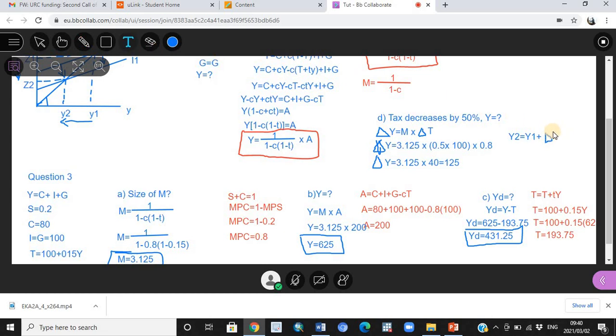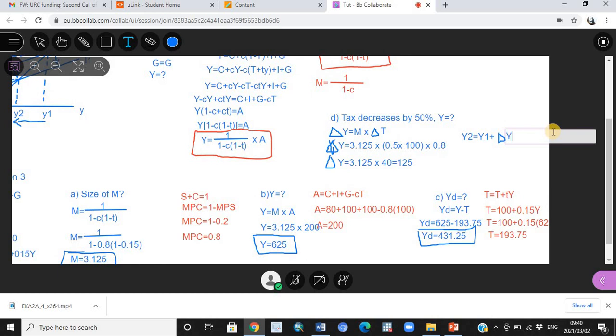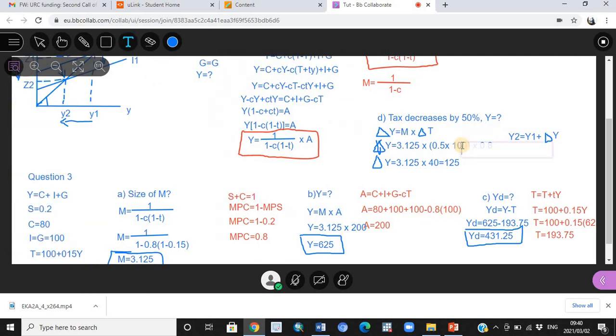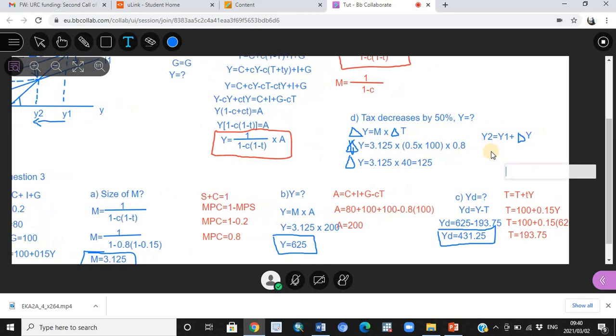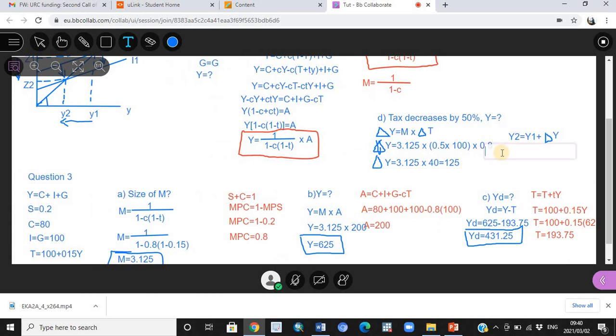Y2 should be equal to 625 plus 125, and this should be equal to 750.